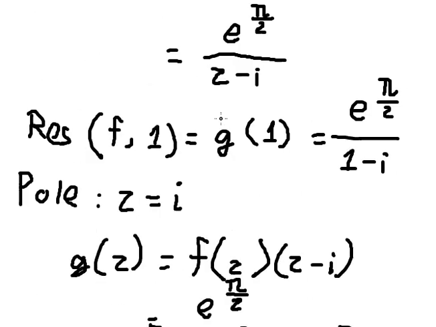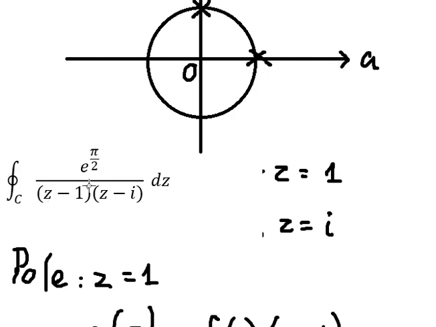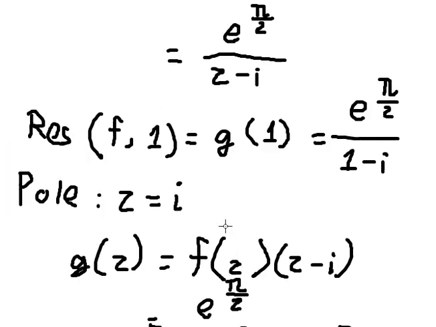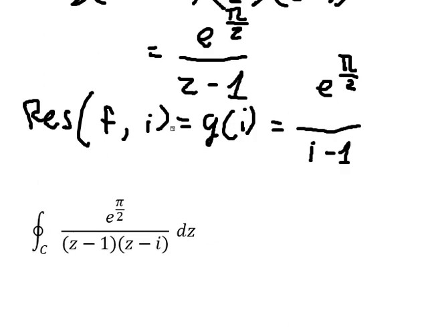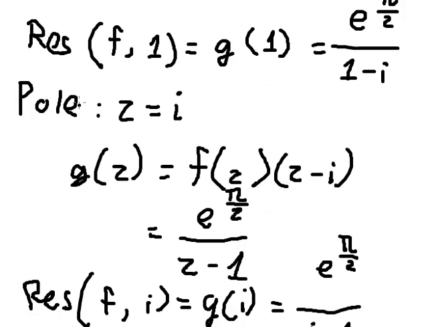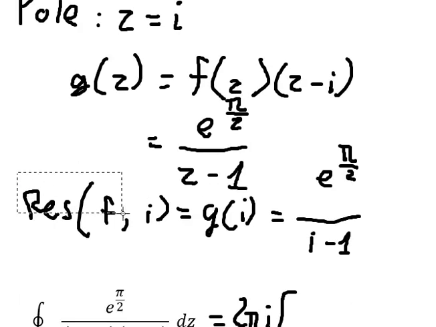After we have everything, we can get the final answer in here. That should be 2 pi i, and we need to sum the 2 residues in here: this one and this one.